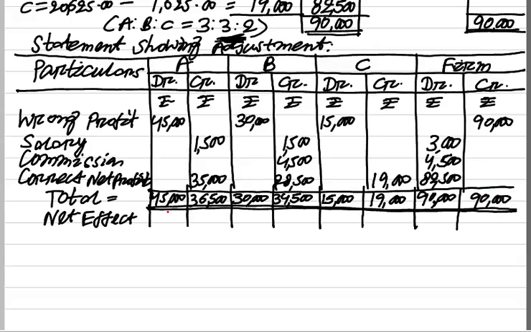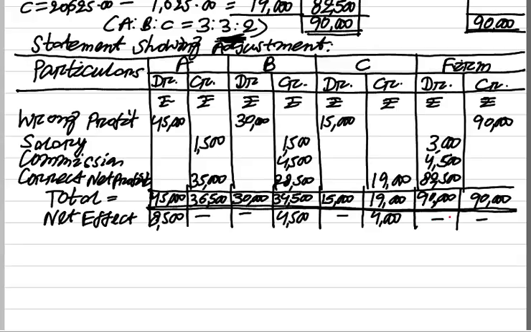And your net effect will be 8,500 for A, debit. For B it is 4,500. For C it is 4,000, and all other columns are nil.